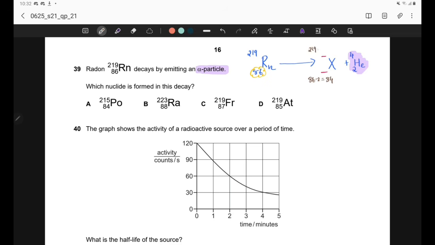From 219, 4 has left the nucleus in the form of an alpha particle, so the remaining will be 219 minus 4, that is 215. So we get a new product with atomic number 84 and mass number 215. Looking at the options, option A is the correct answer, as its atomic number is 84 and mass number is 215.